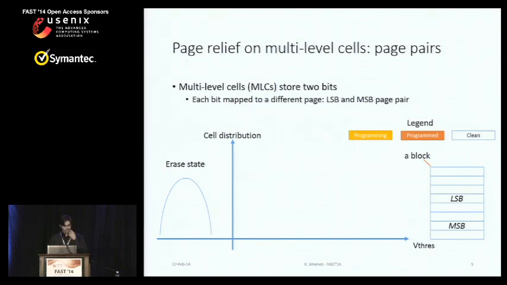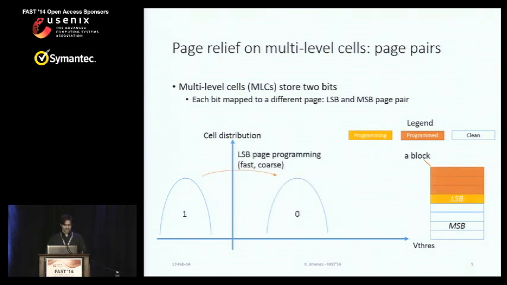Here I have a little illustration at the bottom of the voltage threshold cell distribution. At first, when the block is erased, every cell voltage is on the left, at the erase state, and when the LSB gets programmed, we see that a single voltage threshold is programmed.